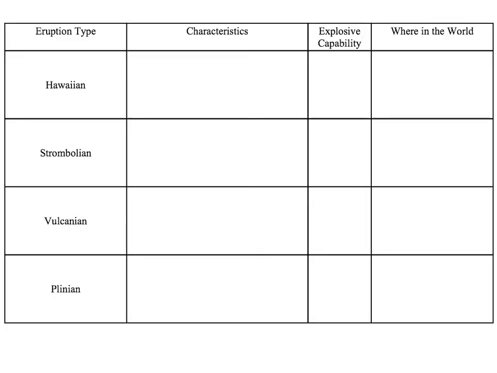The next type of volcanic eruption is Vulcanian, and again we're talking about a higher silica content. And if you remember, higher silica means more viscous. This lava does not flow. And so what we're talking about here are gray eruptions.